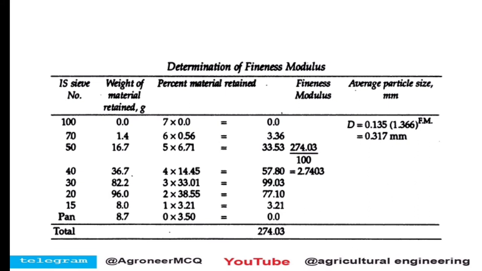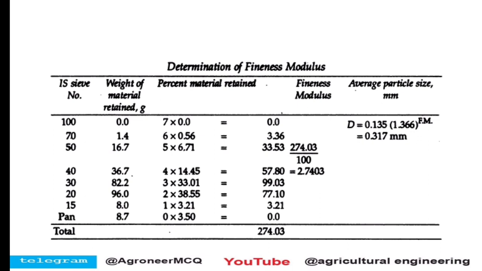After summing up, for fineness modulus we divide the summation of weight fraction by 100, then we get fineness modulus 2.7403. Now average particle size in mm can be found using the formula D is equal to 0.135 into 1.366 raised to fineness modulus. So we will get 0.317 millimeter.